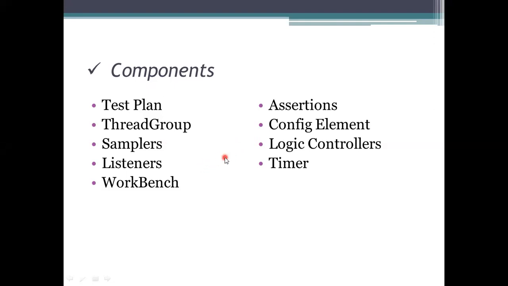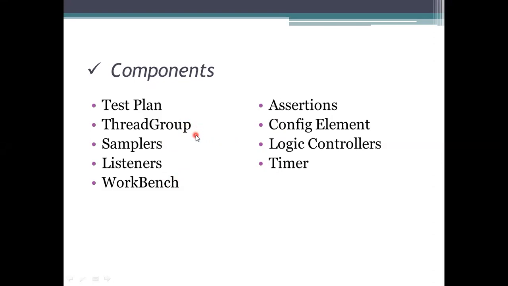Other than the workbench, we have all these things. A test plan may include a thread group, or a configuration element, or an assertion, or a timer, or just logic controllers. You may consider even one element in the test plan, and it will be considered a complete testing process.